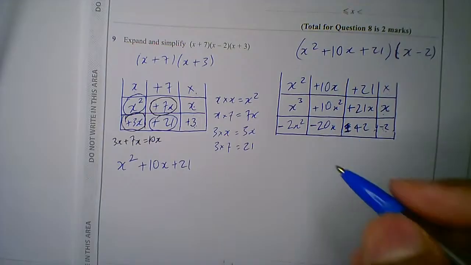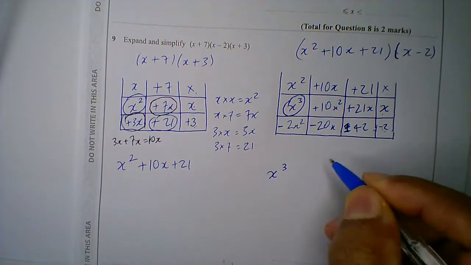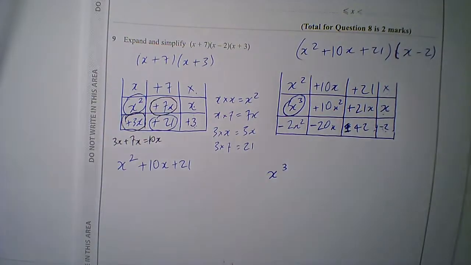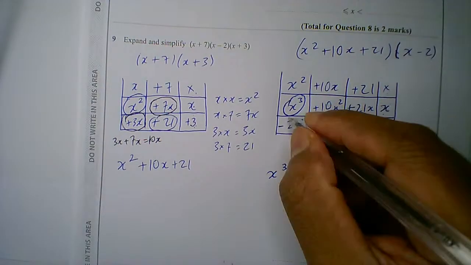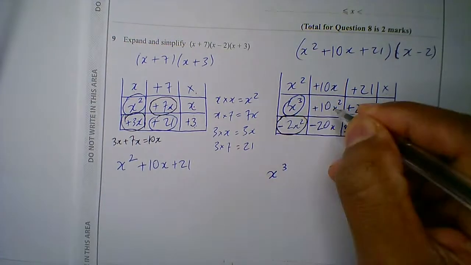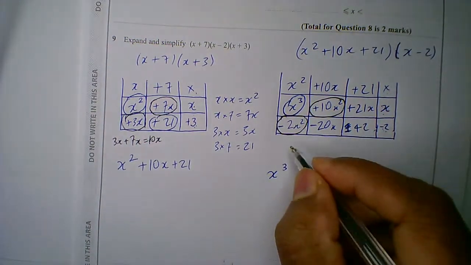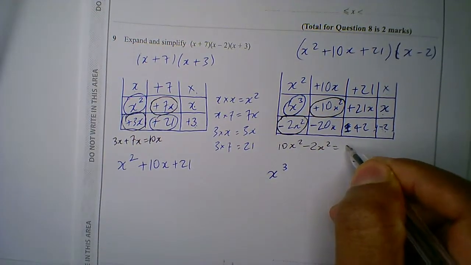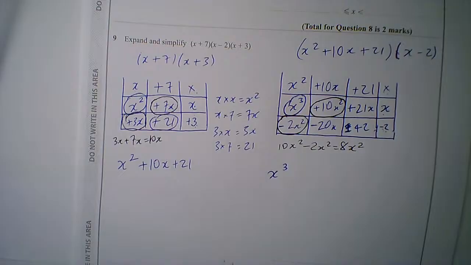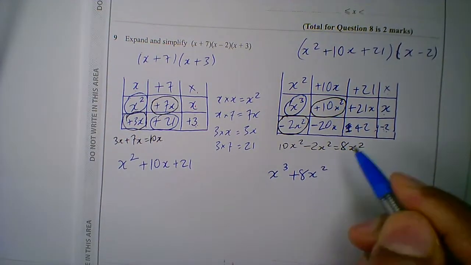Okay, so now I'm going to be collecting my like terms. This is x cubed. The next one is x squared. So I've got minus 2x squared plus 10x squared. So 10x squared take away 2x squared gives me 8x squared. So this is plus 8x squared.